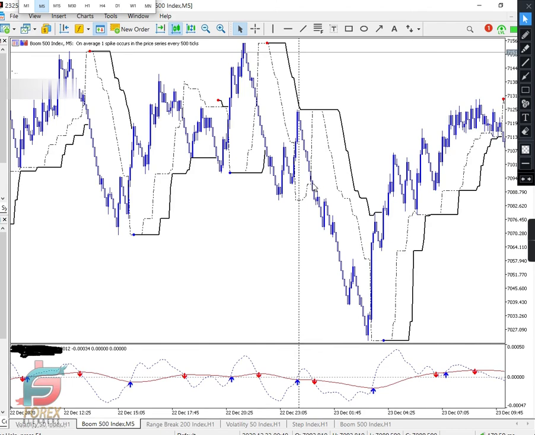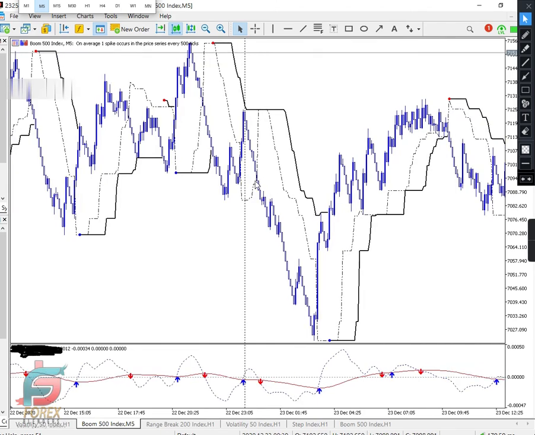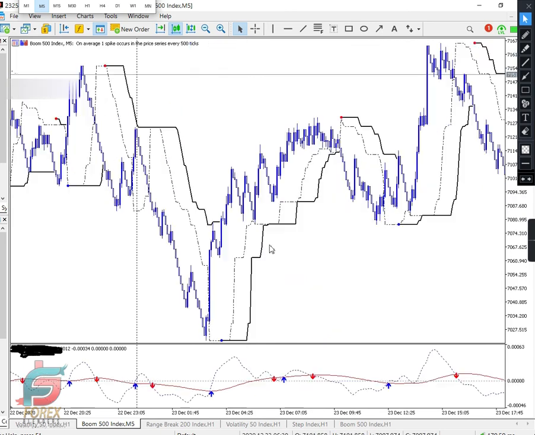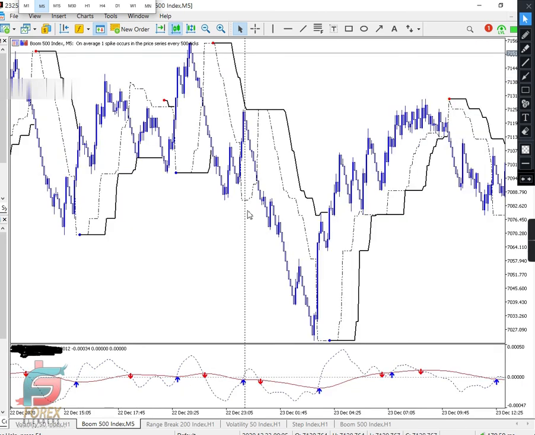Another thing, if you lose a trade, like if this was a losing trade, then on the next signal you can increase your lot size. If you started with 0.2, you can take the next trade with 0.3, so you end up recovering the loss that you took on the previous trade.